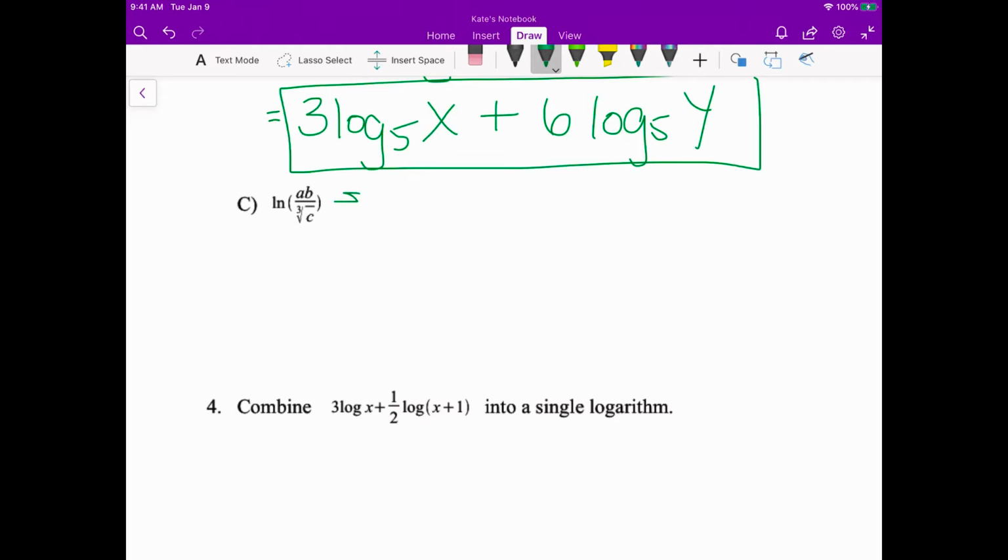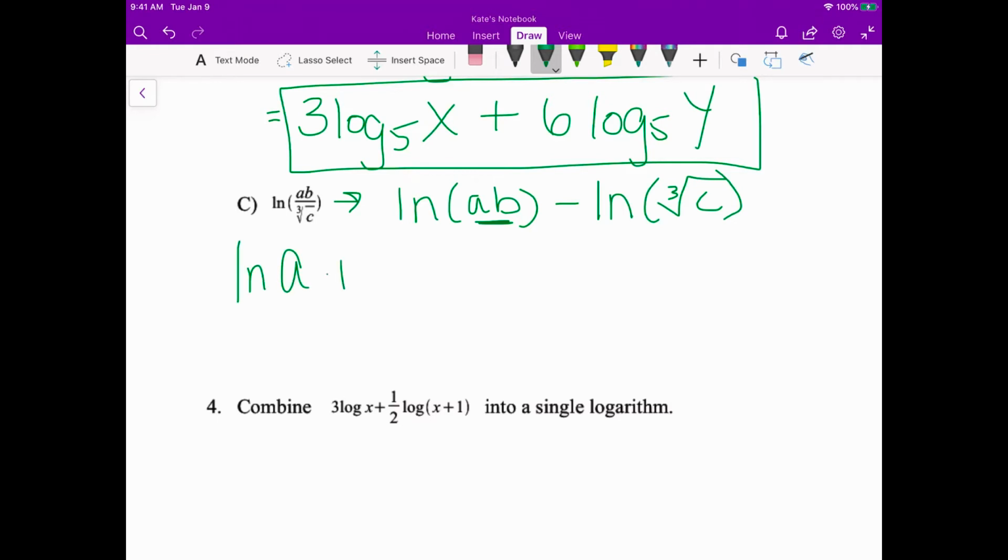So this will become the natural log of AB minus the natural log of the cubed root of C. And then we kind of keep going from there. So in this first natural logarithm, I have AB. That's A times B. So I have to break that up with addition. So the A will get a natural log and the B. So we end up with the natural log of A plus the natural log of b minus, now remember that because I have the cubed root, a cubed root is the same thing as a rational exponent of 1/3.